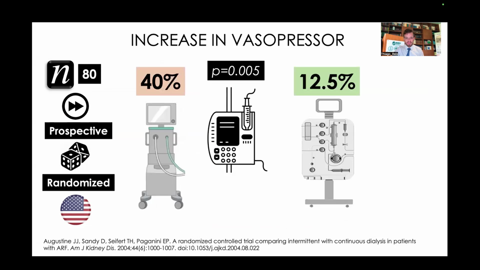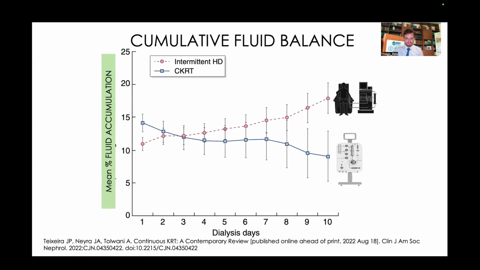In the same study, for patients undergoing intermittent dialysis, 40% of them required an increment in vasopressor dose, whereas only 12% of patients in the continuous group required an increment in vasopressor dosing.